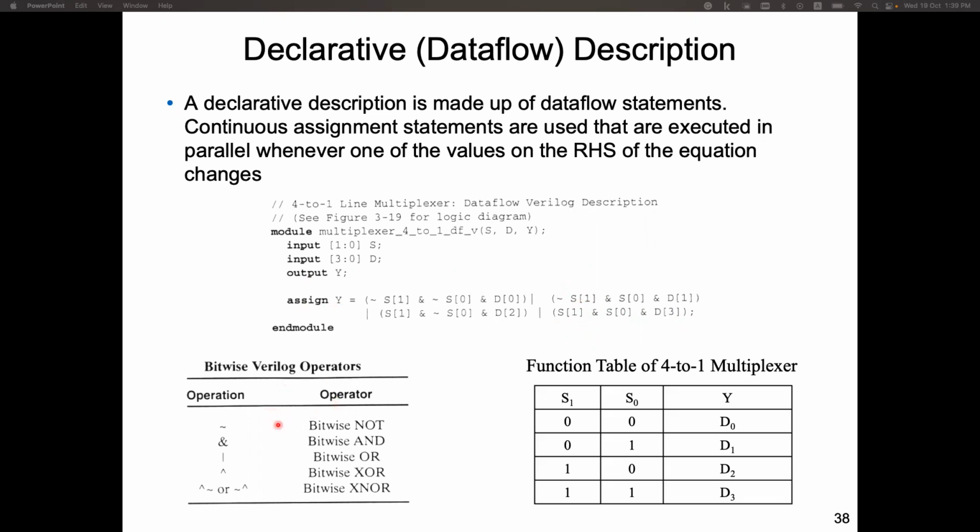This table shows those bitwise operators. This represents bitwise AND. This little triangle is bitwise exclusive OR. The exclusive NOR, the complement of XOR, is represented by this symbol, a triangle followed by a little wave, or a little wave followed by a little triangle.